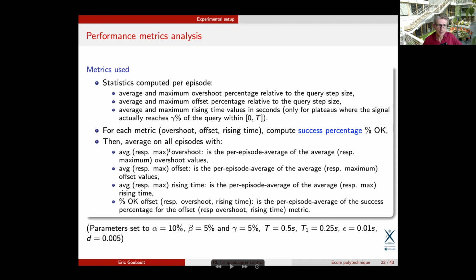So the average and maximum overshoot, the average and max offset, the average and max rising times, for all of these queries for performance evaluation. And they're going to also be best for what we call OK offset, overshoot, and rising times, which is when you don't go further than the alpha, beta, or gamma percent of the rising time, overshoot or offset you wanted to have. Okay.